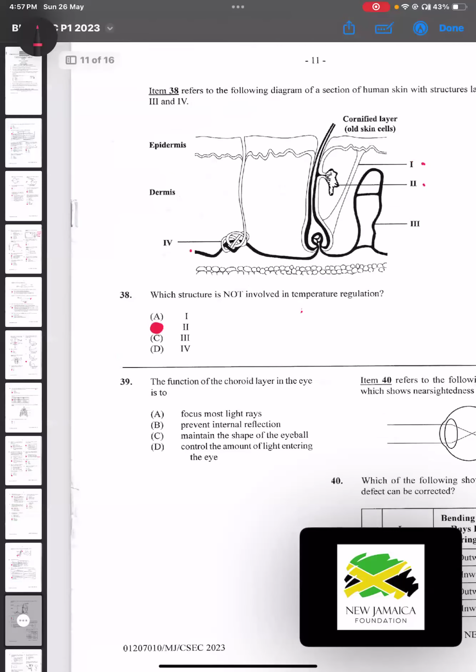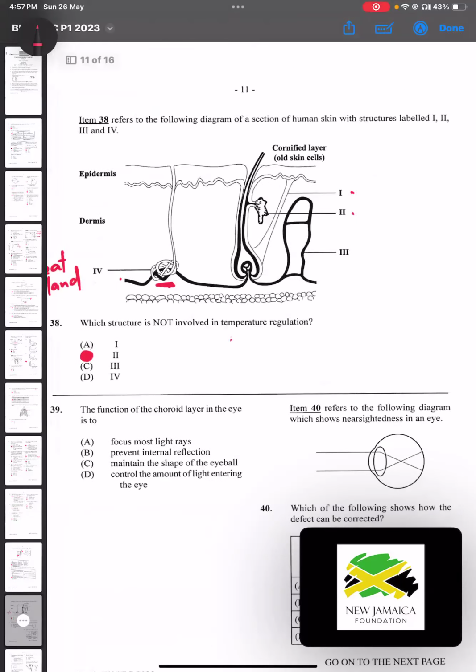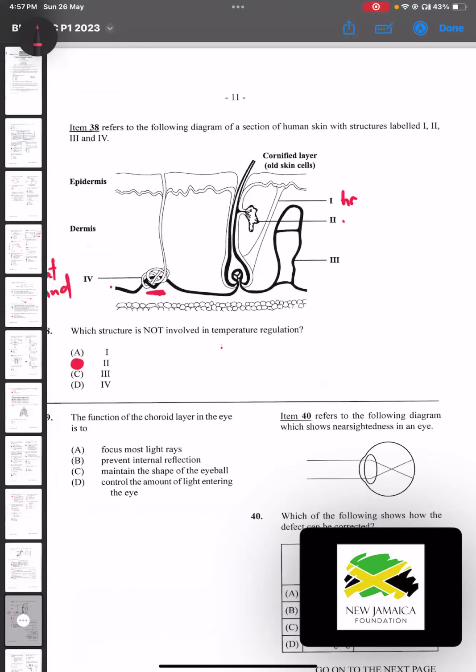So in this case, do we know what number 4 is? This structure right here? It's your sweat gland. Then 1 is the hair erector muscle.